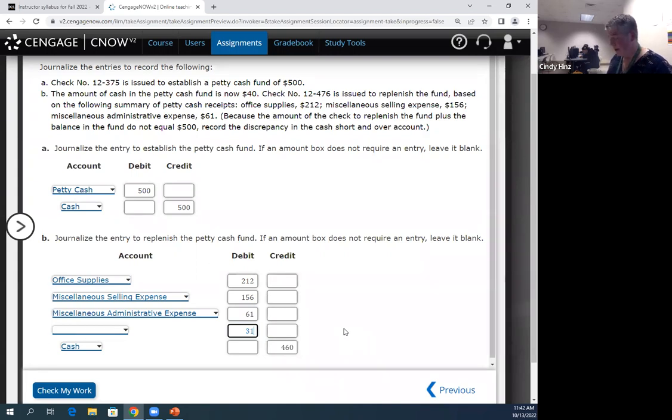But if we don't think it's part of an attempt to defraud the company and we don't think it's a material amount, we're not too worried about it. We may have a talk with the petty cash custodian, you need to keep better track of this. We need to make sure, as I mentioned at the beginning, that money is accounted for, that only the petty cash custodian has access to it, that it's locked up and secured.